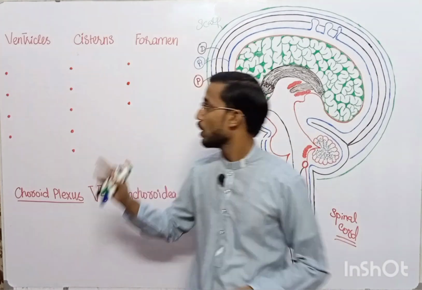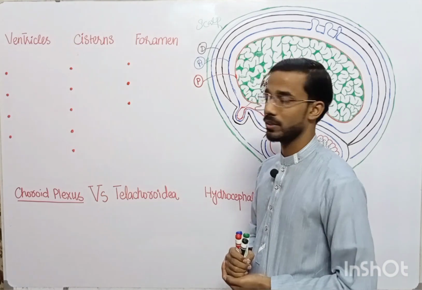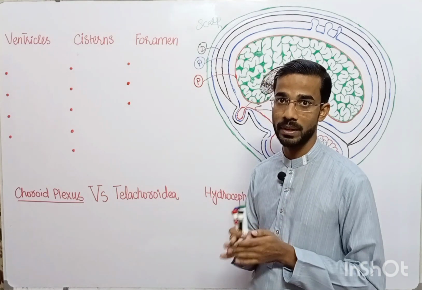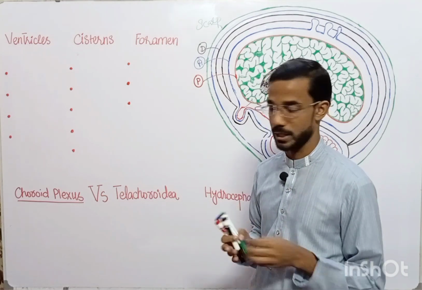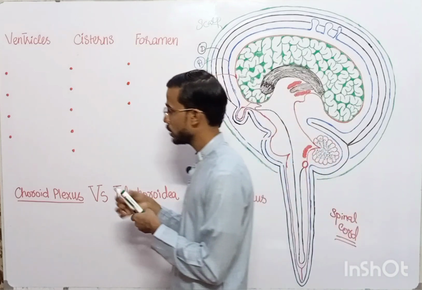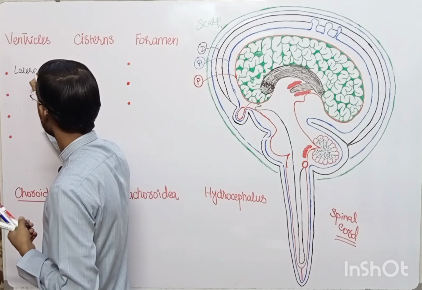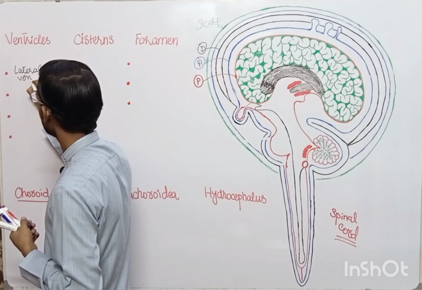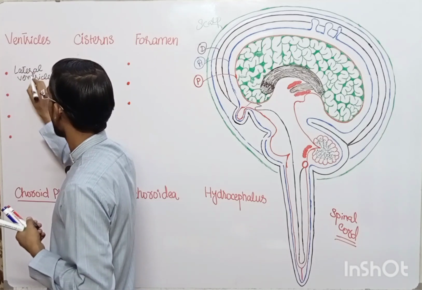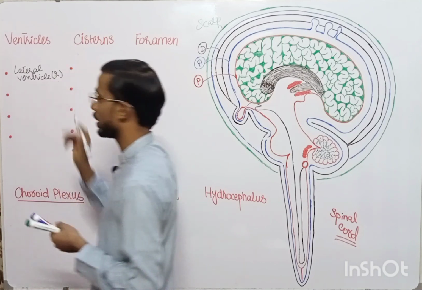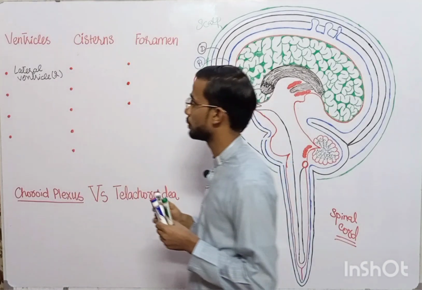So first we will discuss the ventricle. The ventricular system in the brain has four components, and here you can see first one is the lateral ventricle. Actually there are two lateral ventricles present in the brain.